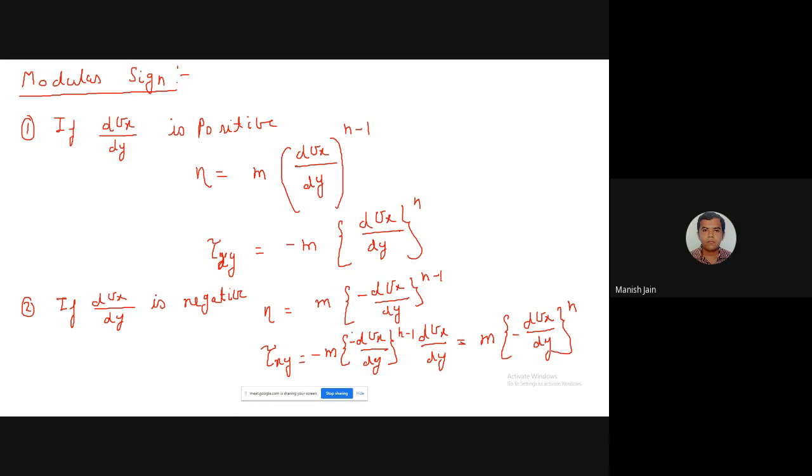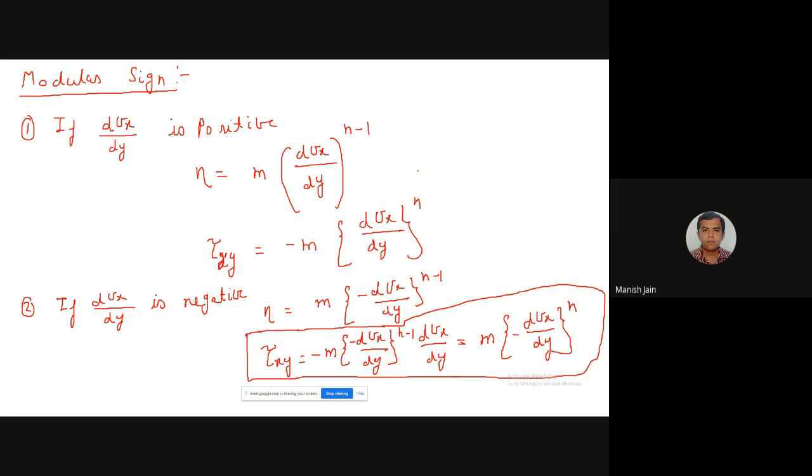Okay, so if dvx by dy is negative, you will get tau xy equal to m multiplied by (minus dvx by dy) to the power n. Okay, minus will be inside the bracket.